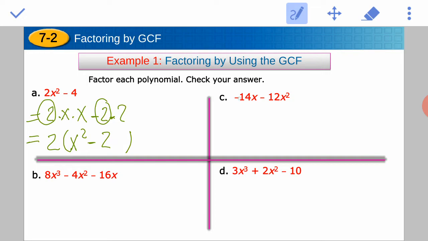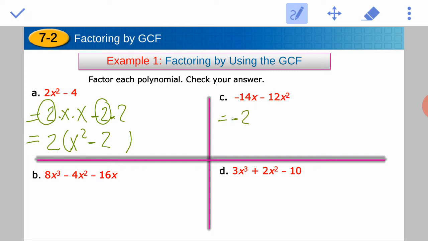Another example. Negative 14x minus 12x squared. I need to factor that polynomial by GCF. So guys, similarly, we can factor each monomial and circle the common factor, or we can speed up the process and get the GCF directly. The GCF among negative 14 and negative 12 is negative 2.